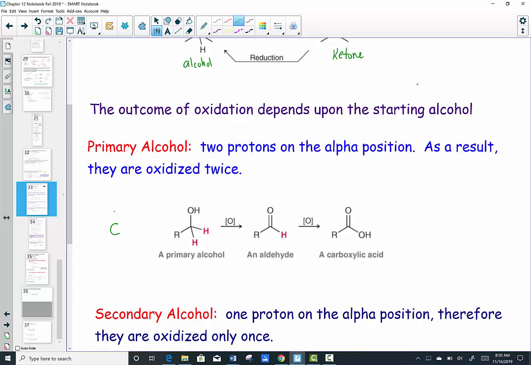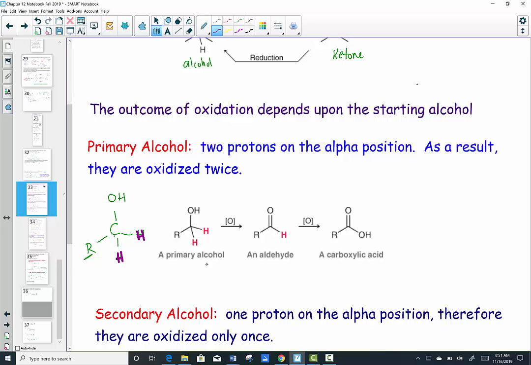The carbon that's attached to the hydroxyl group is attached to 2 hydrogens. Another way of saying that, the carbon that's attached to the alcohol is attached to just 1 other carbon. So I notice that we have 2 sites of oxidation that are possible. For each of these hydrogens, we have a site of oxidation.